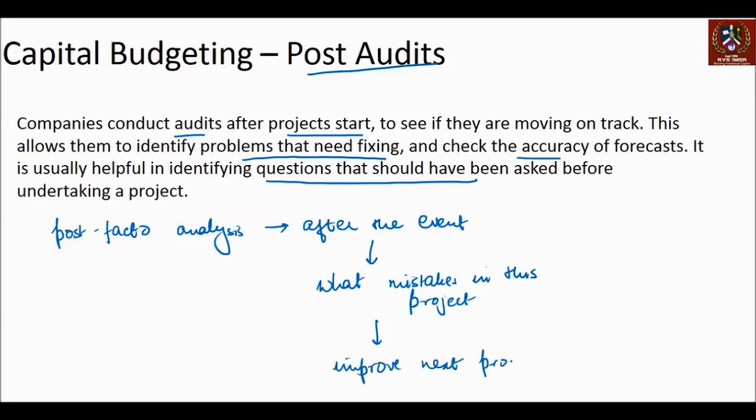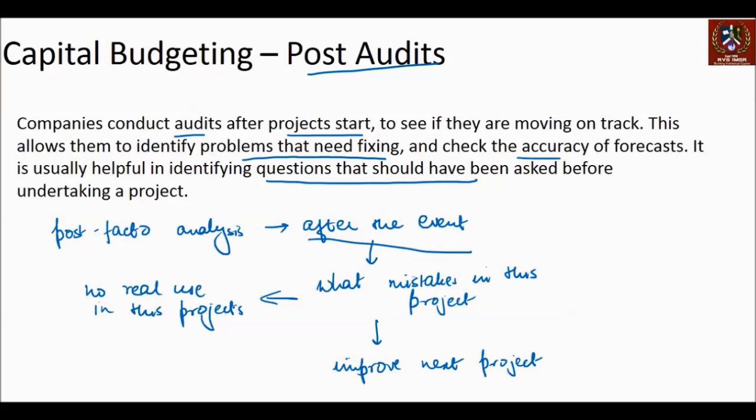So it's important because it does give some sort of feedback about the accuracy of your forecasts and what are the key issues that come up when you're doing some sort of a capital budgeting exercise. But the reality is that for this particular project, this is after the event. So there is no real use in this project, right? That's because you will know only after the problem has occurred.